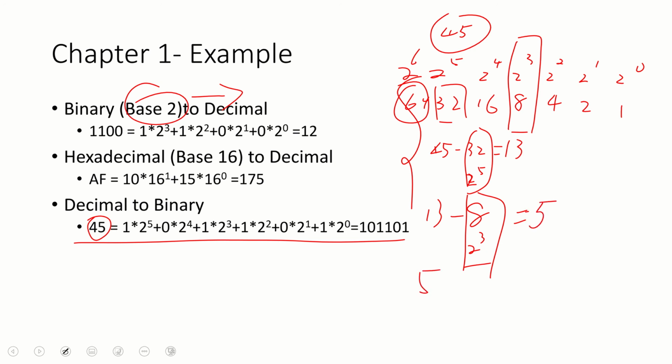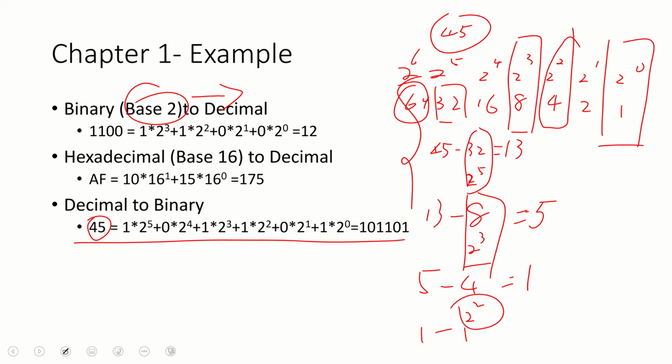For 5, we need to find another closest number, which is 2 to the power of 2, which is 4. Then you got 1. When you have 1, basically it is equal to 2 to the power of 0. So basically we use these 4 numbers.